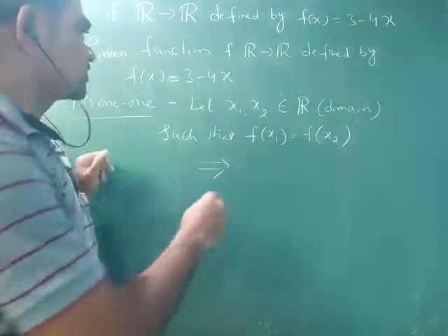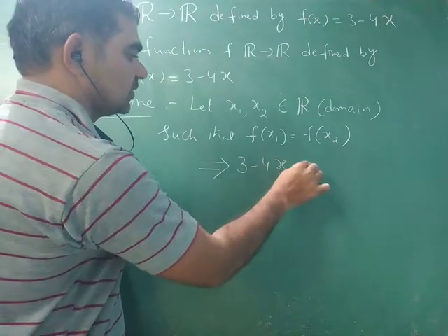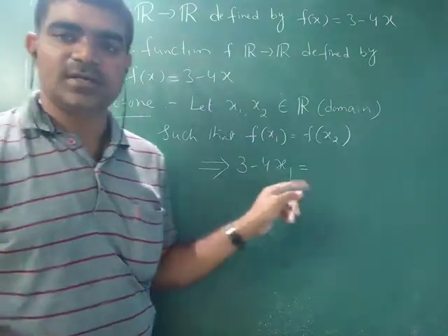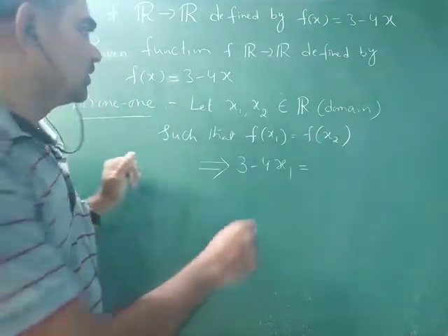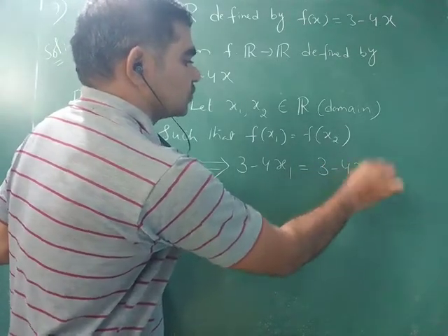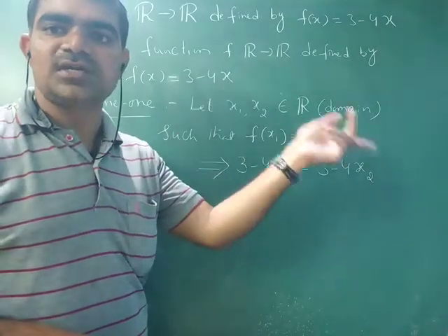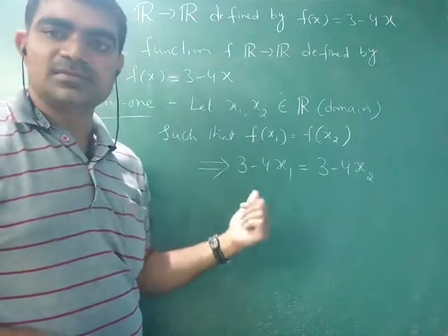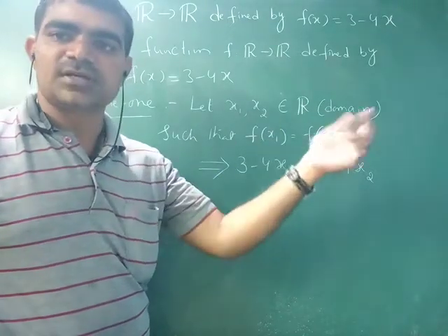Then f of x1 is 3 minus 4x1, and f of x2 is 3 minus 4x2.